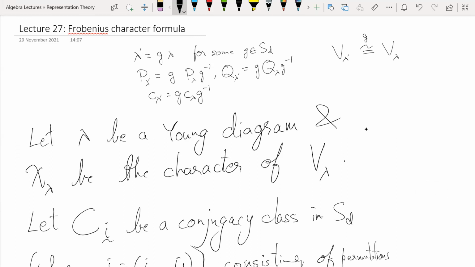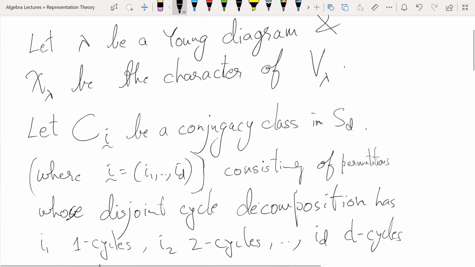The S_d-equivariant map is multiplication by g, which is going to be a map from one to the other.